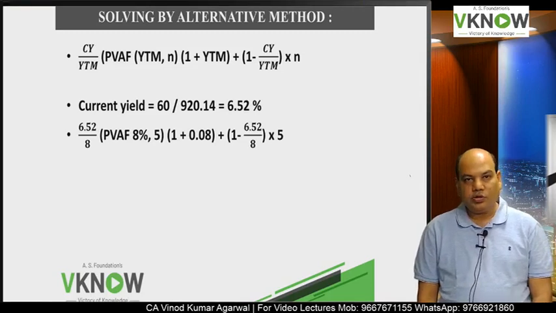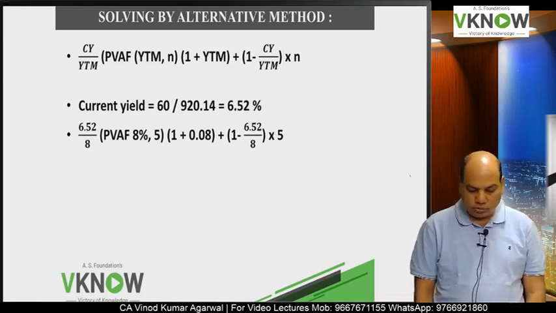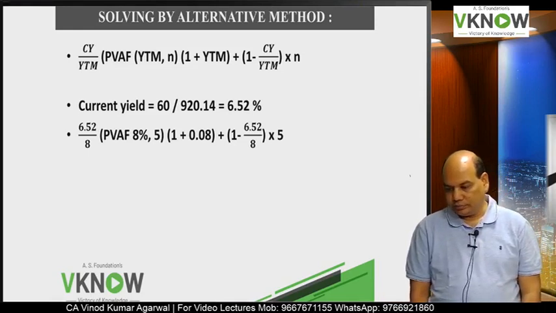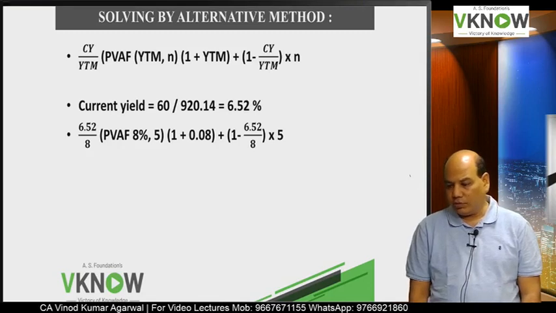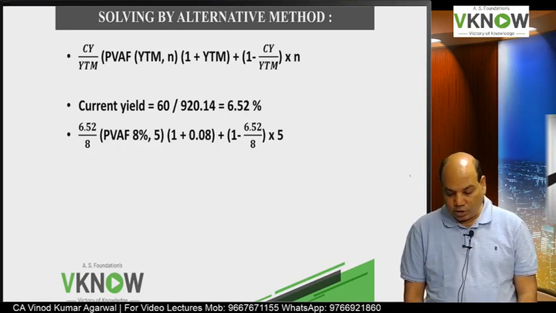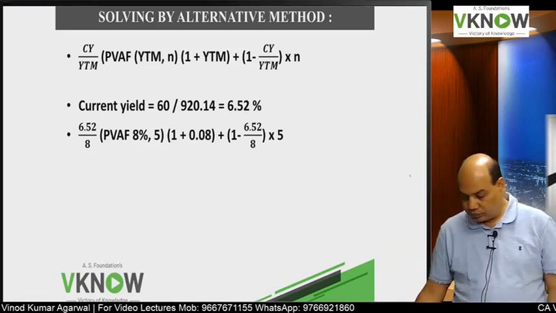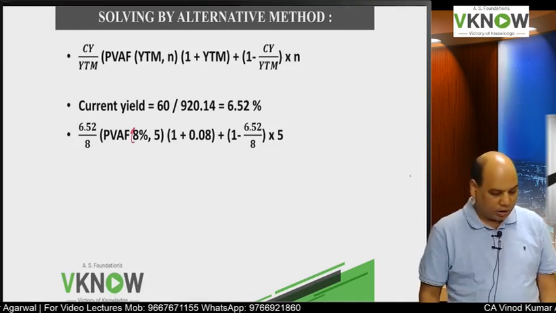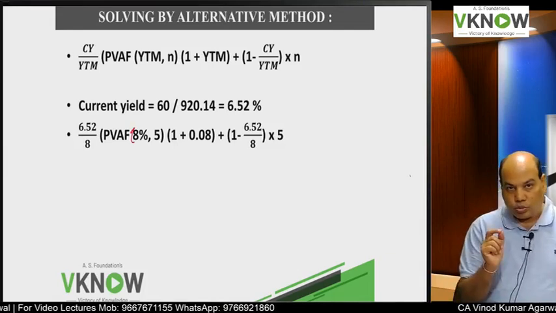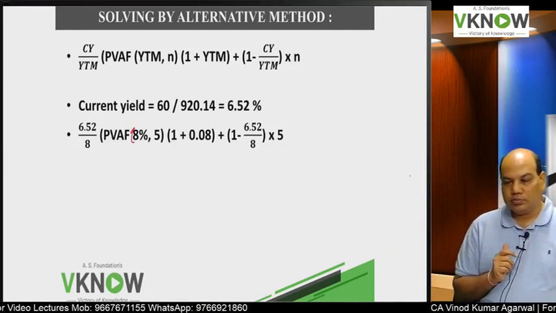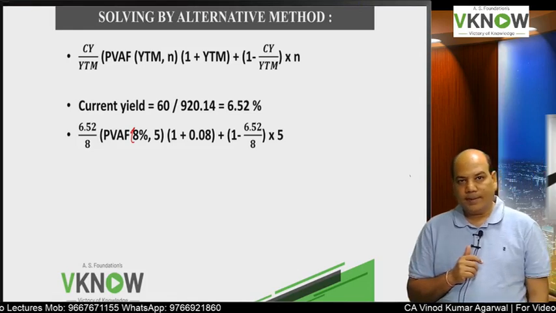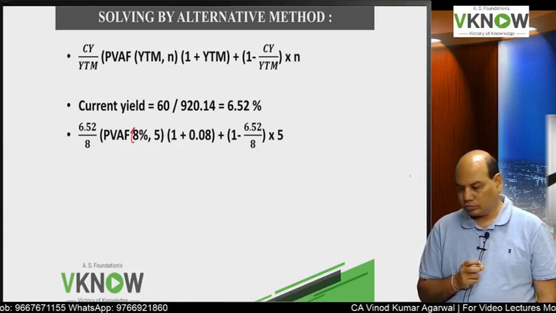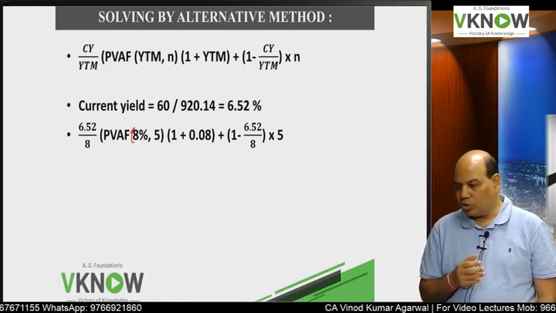So write down duration is equal to 6.52 divided by 8. 8 is the YTM into PV annuity factor, 8% comma 5 year, into 1 plus 0.08 plus 1 minus 6.52 divided by 8 into number of years 5.